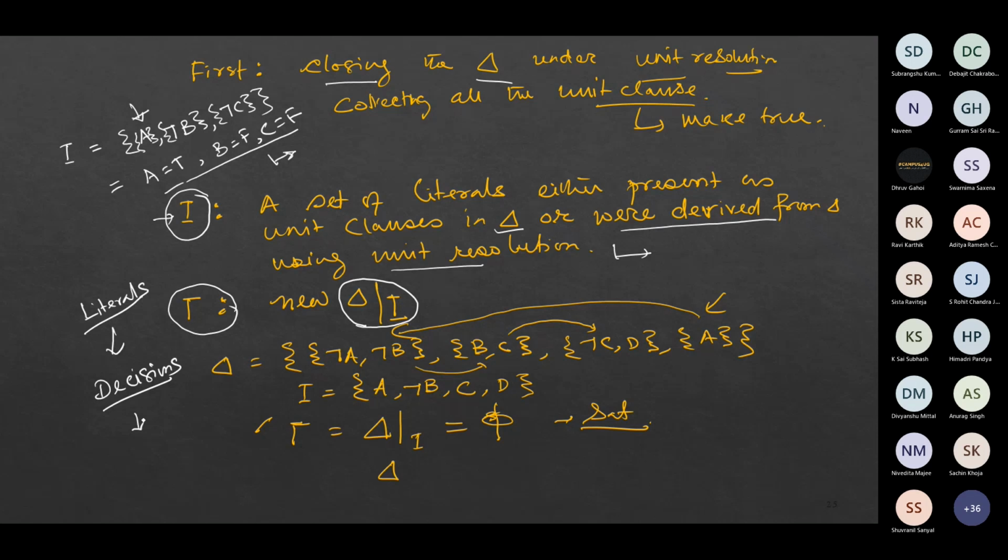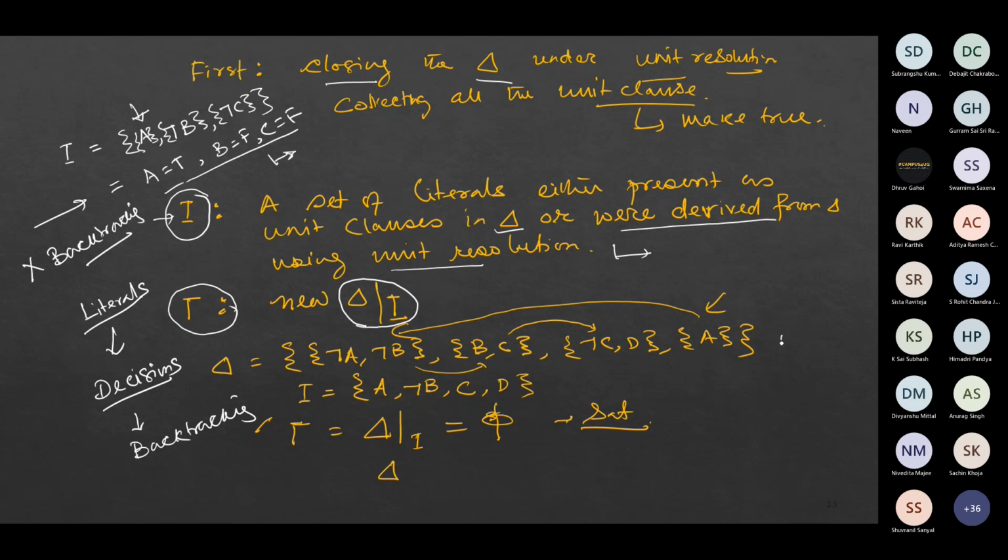And for this, you need to do backtracking. But for this I set, there is no need for backtracking. So that is the particular motivation for collecting these unit clauses before we start our algorithm, right?